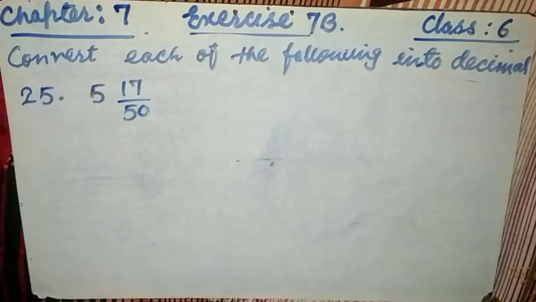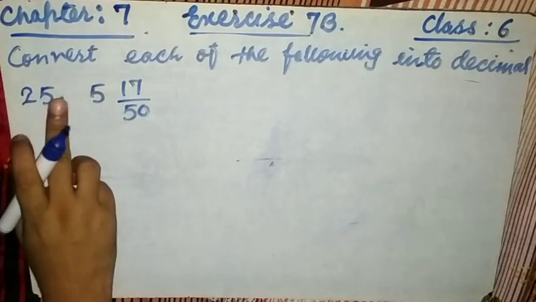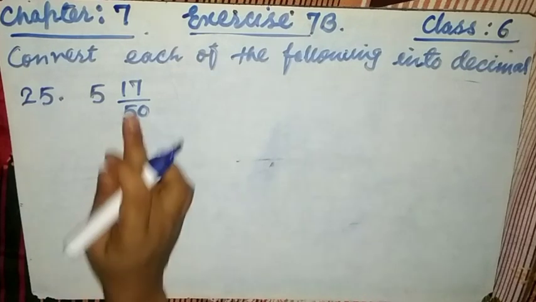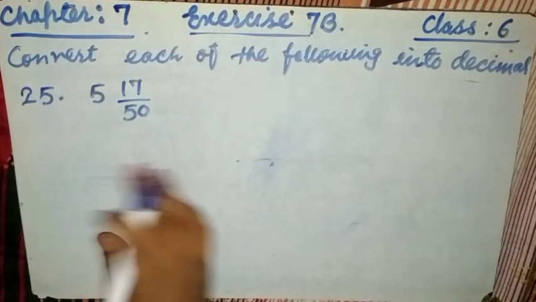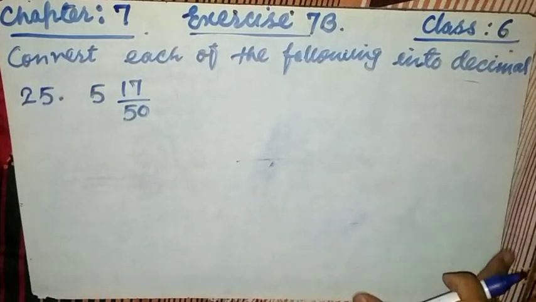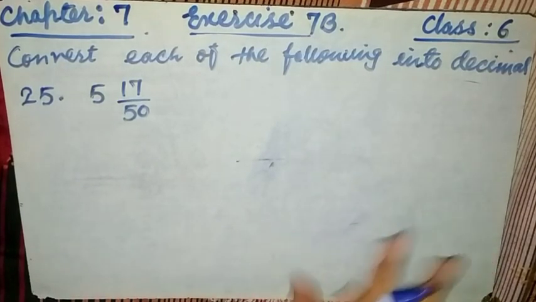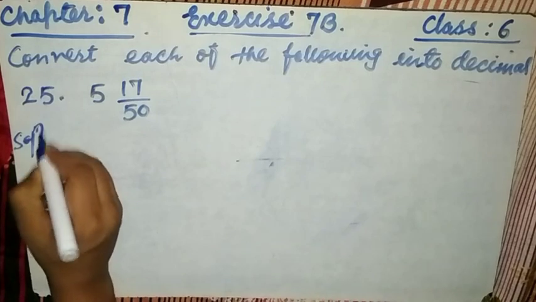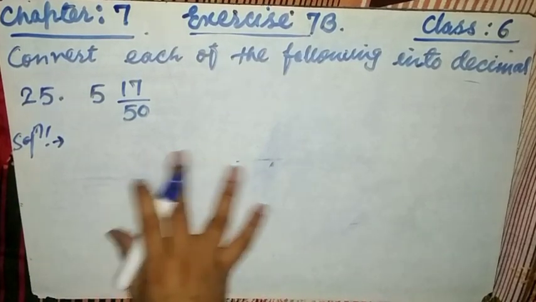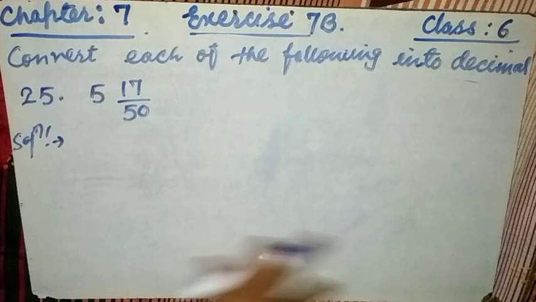Now see friends, last question, number 25, same question: convert each of the following into decimal. So this is a mixed fraction, friends. Either we can apply the first method or the second method that we discussed just a couple of seconds ago, okay. Now see, I think the second method is very convenient for all of you.